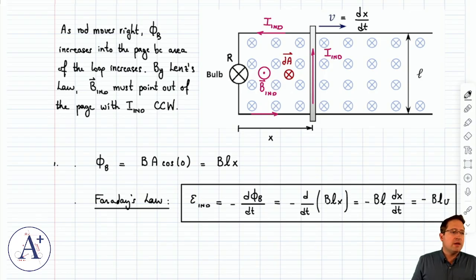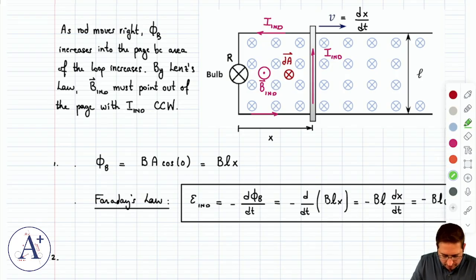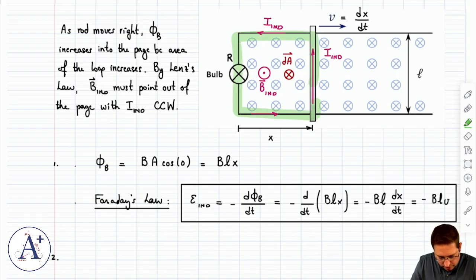Okay. Now, because of the induced EMF, the light bulb glows. What is the power of the light bulb? Assume that the light bulb has a resistance R. So that's the second question. Well, okay, fine. I found that there's epsilon induced around the loop. Epsilon induced, by the way, is what drives I induced. So epsilon induced is counterclockwise.